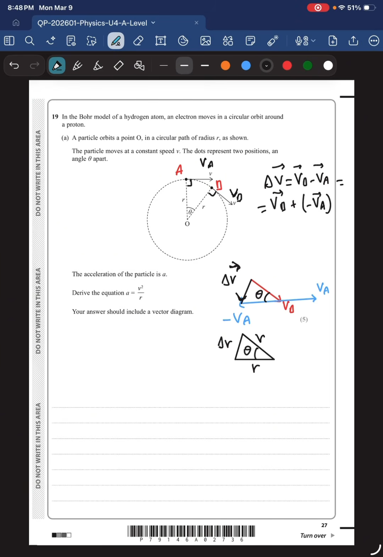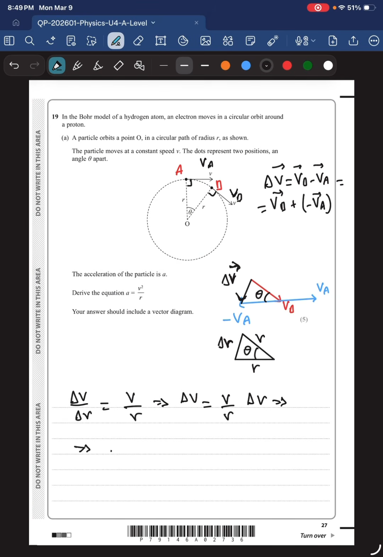For similar triangles, the ratio of corresponding sides are equal. So delta v over delta r is equal to v over r. So delta v is v over r times delta r.